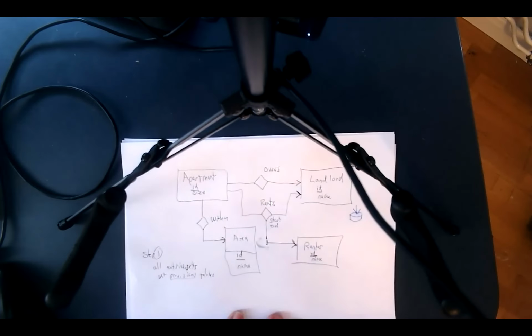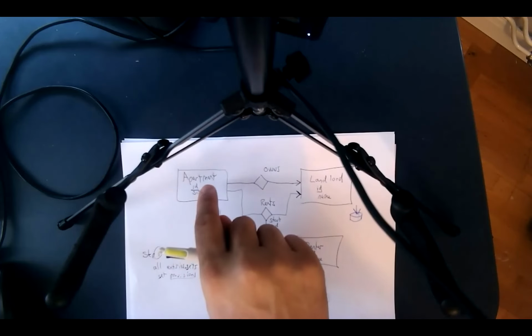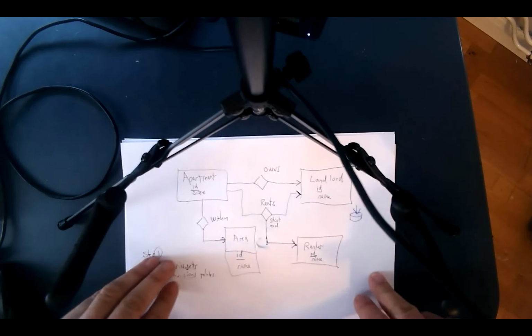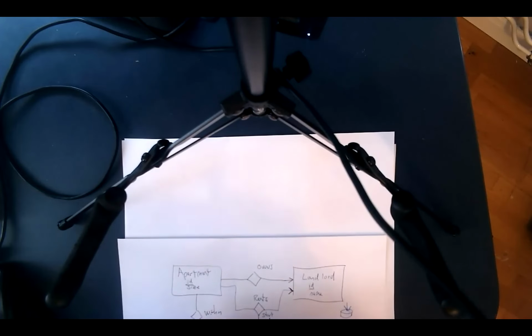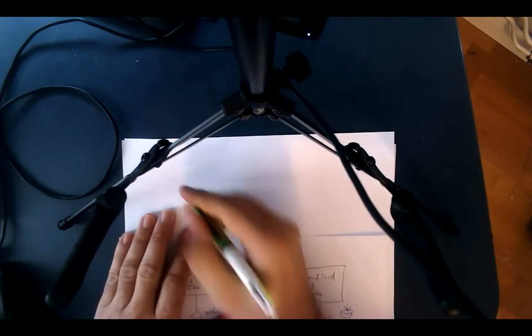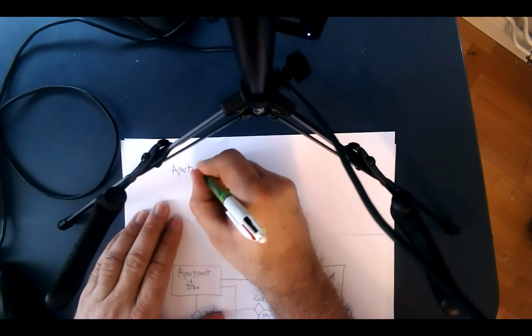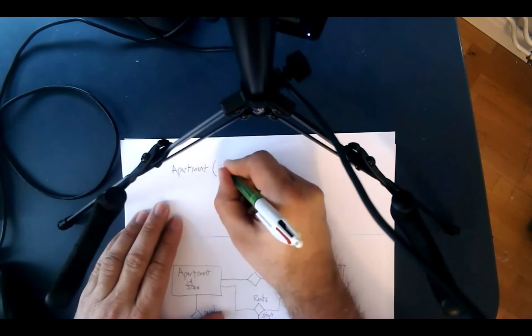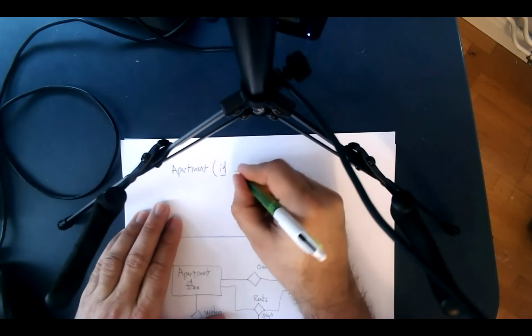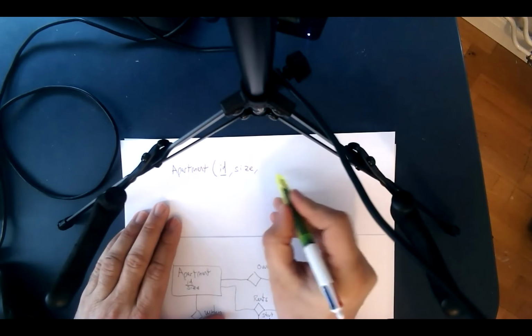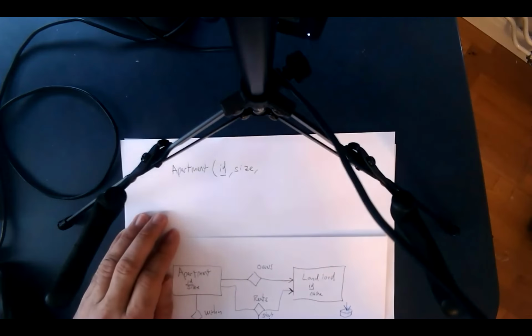So the entities. How many entities do we have here? 1, 2, 3, 4. So we're going to get 4 tables here. Let me start off up here and then go across. So we're going to have apartment with ID and size. And then maybe some more stuff here. We don't know yet.